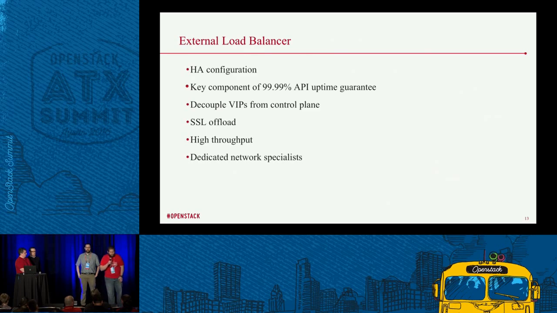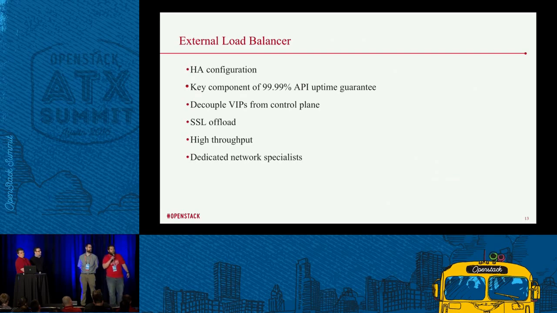Thanks, John. As you can see, the Rackspace private cloud reference architecture powered by Red Hat leverages a dedicated pair of F5 HA configured load balancers, and that's a key component to our 4.9 API uptime. We've done this for a few reasons. The first reason is we wanted to decouple the virtual IPs from the control plane.